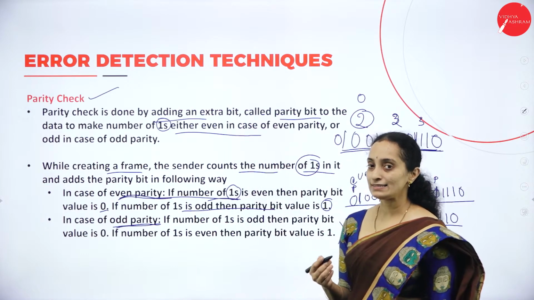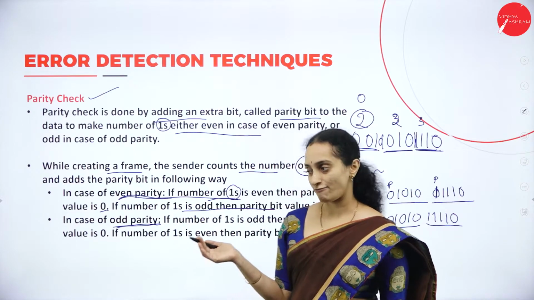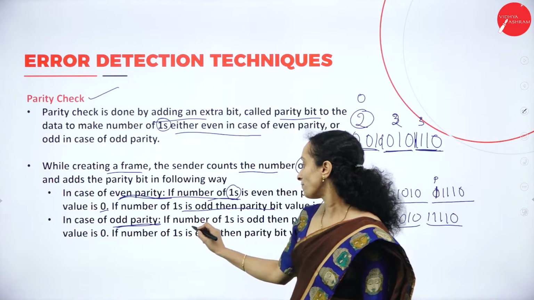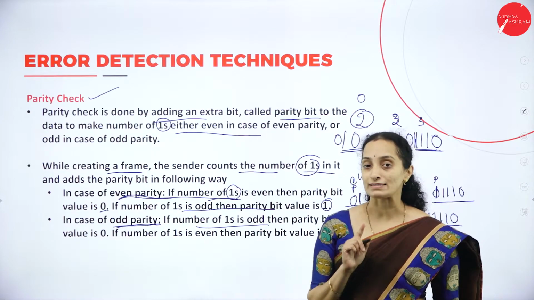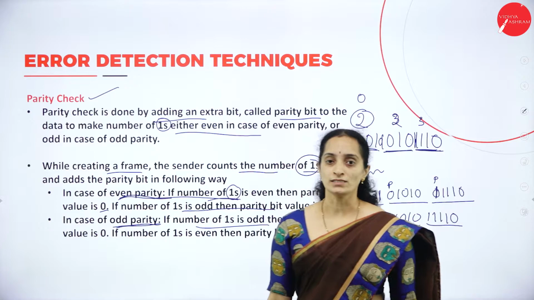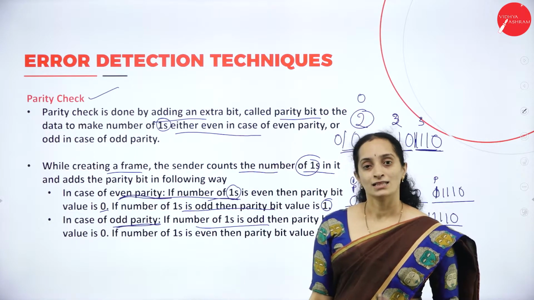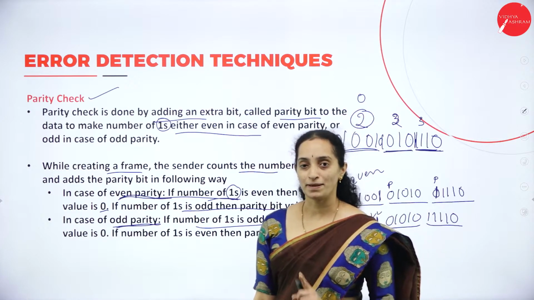Odd parity is contrary to the even. It also uses 0 and 1. In case of odd parity, if the number of ones is odd, then the parity bit value is set to 0. If it becomes even, then the parity bit will be 1.